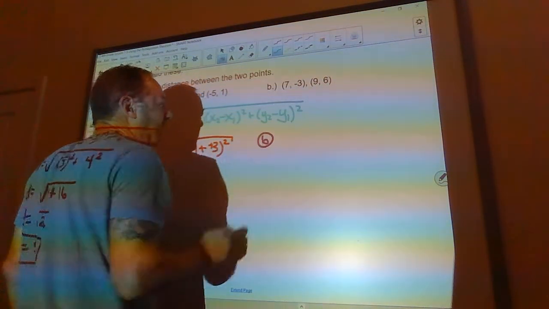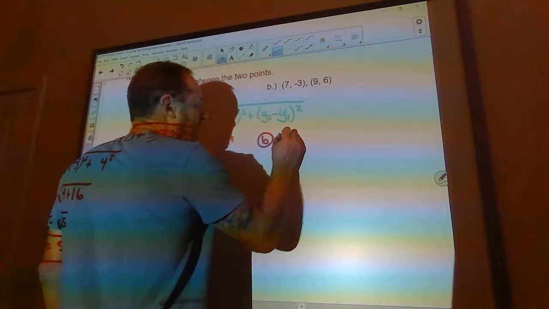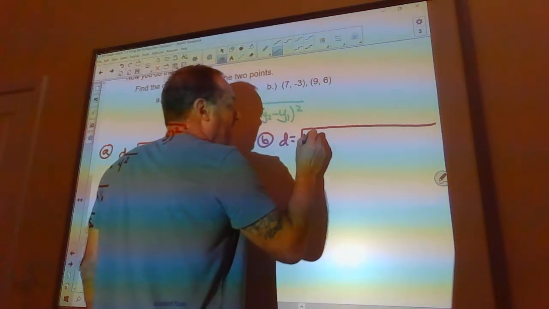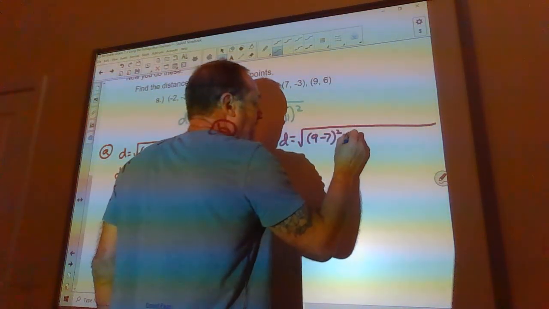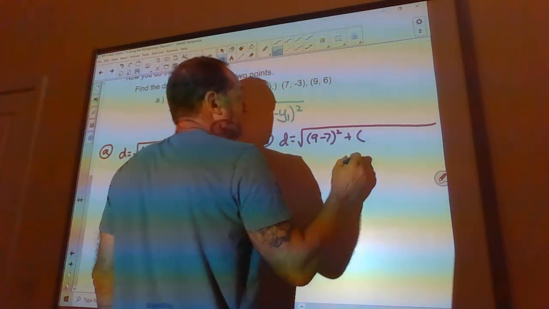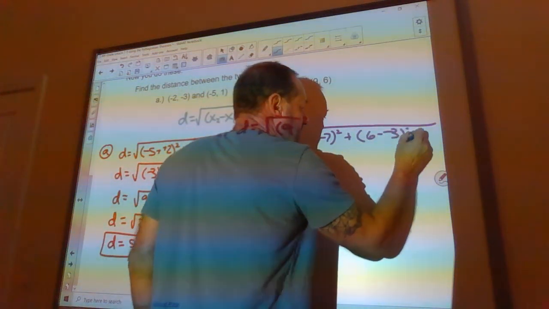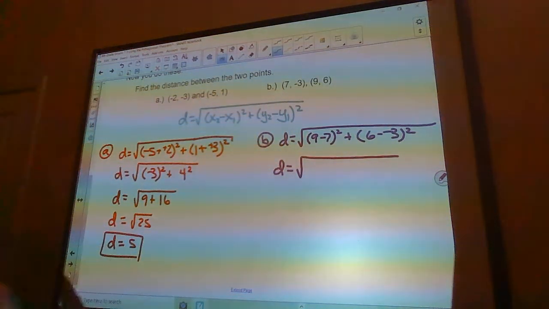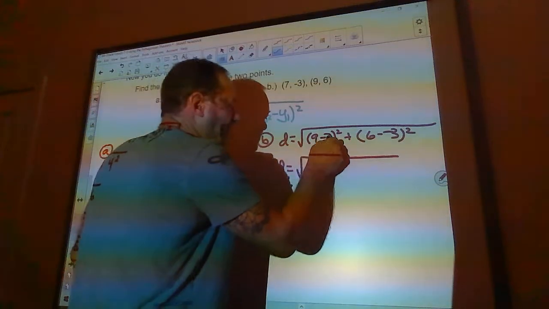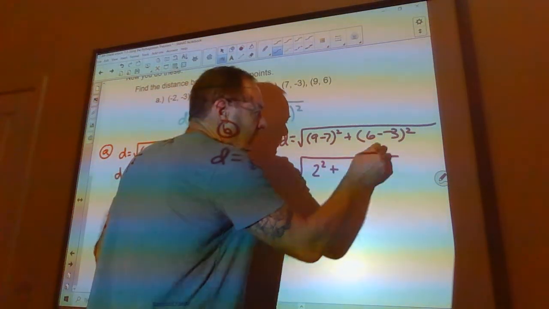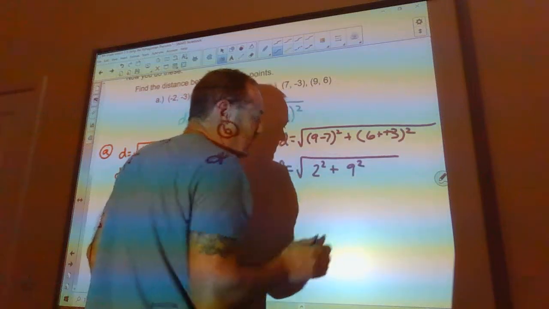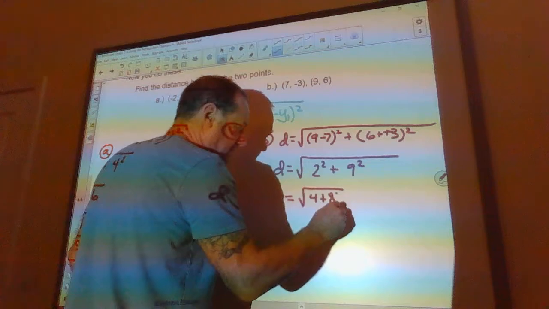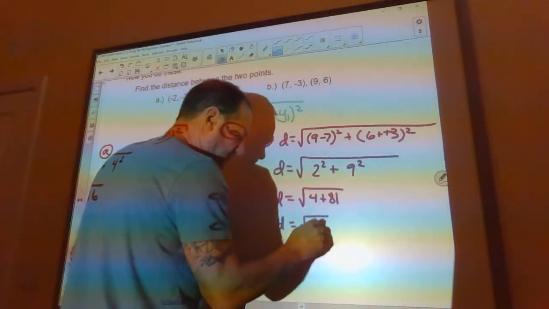Okay, now the B one. Distance equals the square root of 9 minus 7 squared plus 6 minus -3 squared. Now keep in mind, these don't always come out to be nice numbers like 5, okay? So this is 2 squared plus, this is 9 squared. So this is the square root of 4 plus 81, which is the square root of 85.